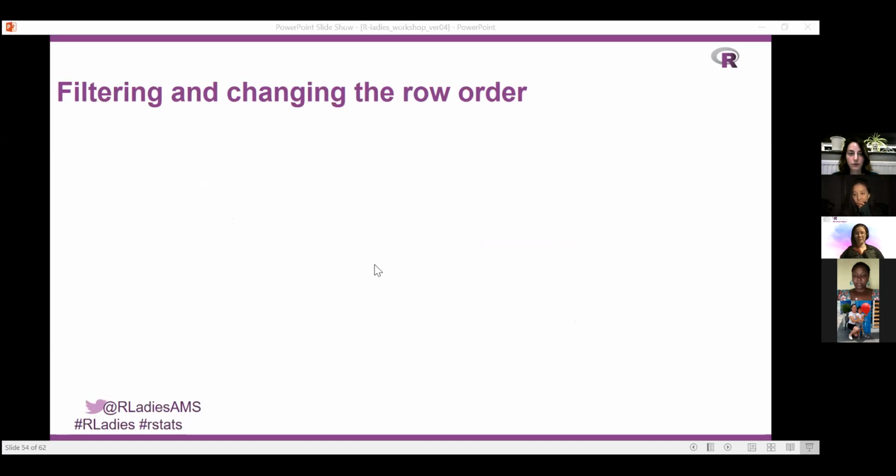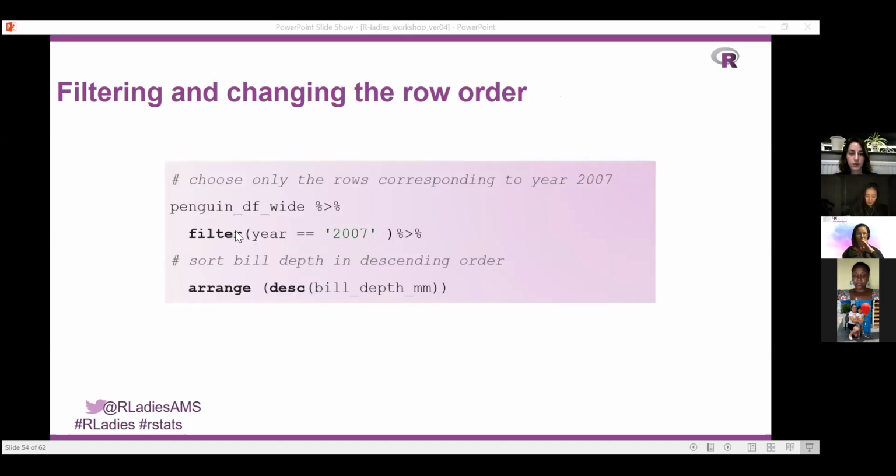And now it's about rows. With rows we have filter, and with filter we also have an option of arranging some values. Filter takes column names, like select or any other, but we give it some condition, for example, filter the year column wherever it equals 2007.